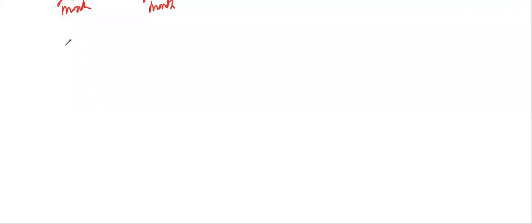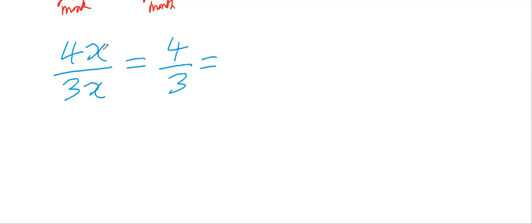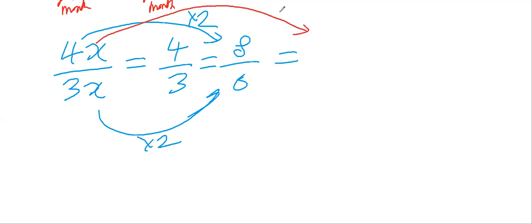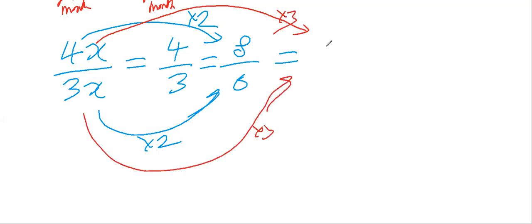For example, if you have a ratio, say 4x upon 3x, you can represent this as 4/3. You can even represent this as 4 into 2, 3 into 2, that is 8/6. You can even represent it as 4 into 3 and 3 into 3: 4 threes are 12, 3 threes are 9.